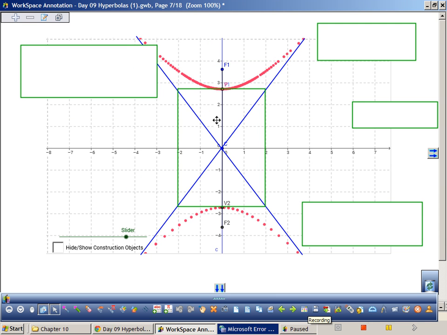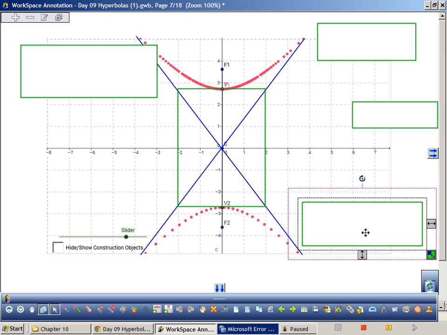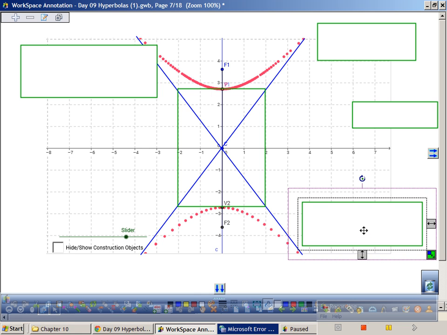Okay, here's a different one. What's different about this one? Oh, the A and B are... I'm hearing some good vocabulary. The transverse axis is what? Vertical rather than being horizontal this time. Who thinks they could tell me what the formula is here?